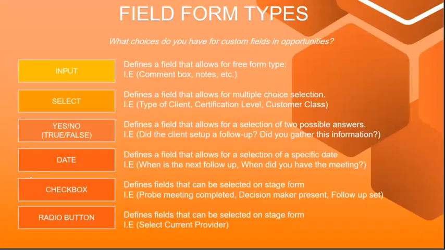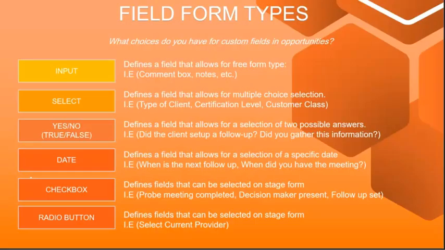Let's talk about the different types of custom fields, because you have some options. First we have input, a free-form field like a comment box or notes area. Then select for multiple choice, like type of client, certification level, or customer class. There's yes or no, or true or false, a simple two-answer choice like did the client set up a follow-up?